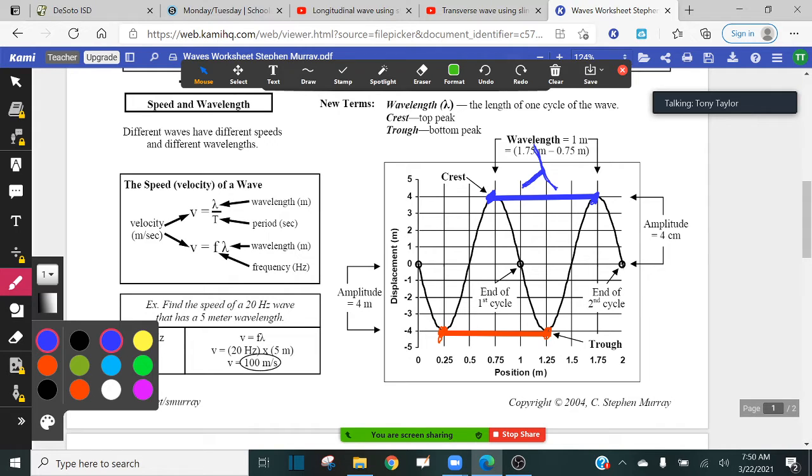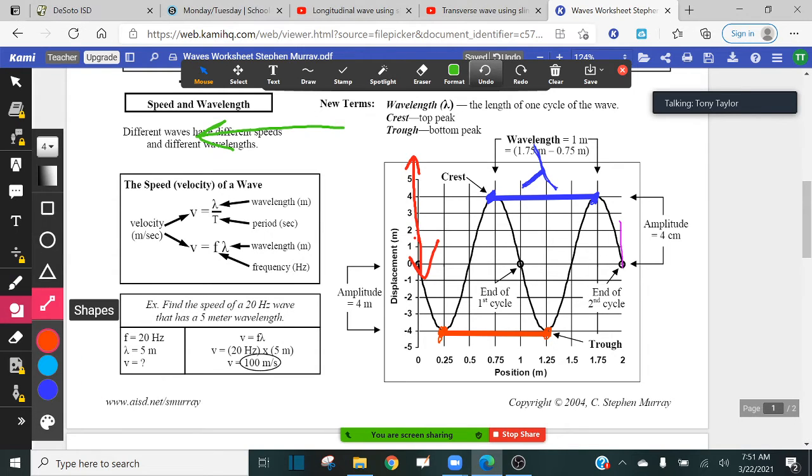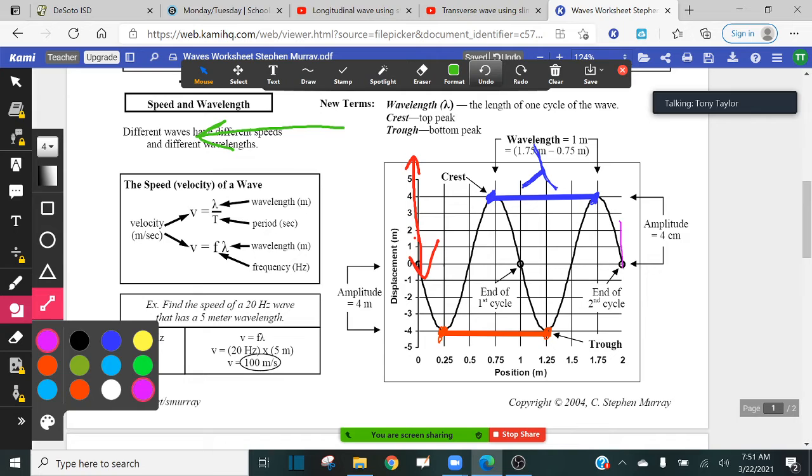There's another term I want you guys to remember: amplitude. Amplitude is a measurement from the midpoint of the wave to the maximum. That line in purple represents my amplitude, because this is my midpoint and this is my maximum point.